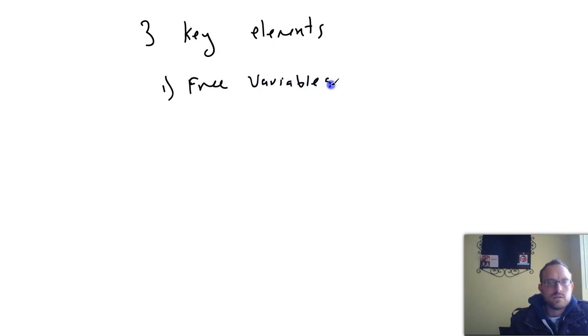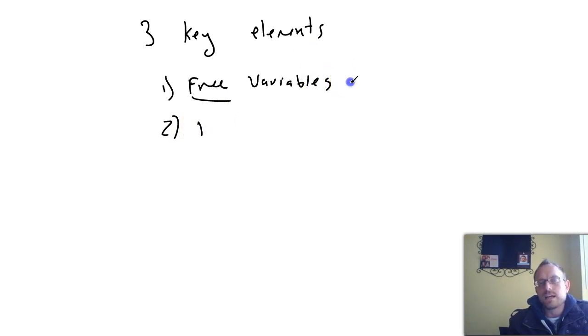Let's say there are three key, almost just elementary elements here. The first are free variables. Free variables are those variables that occur in statement functions but without a quantifier, they have no truth value and they make no definite statement or fact. Two, we have bound variables.